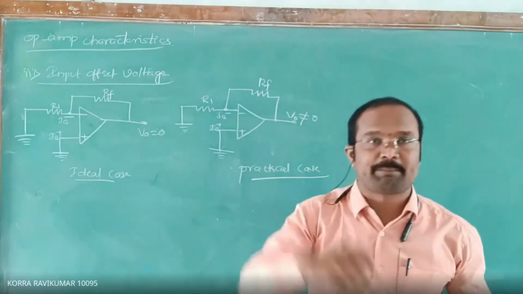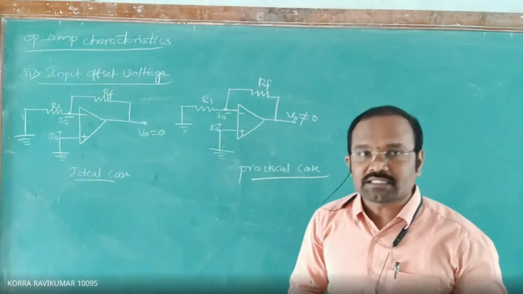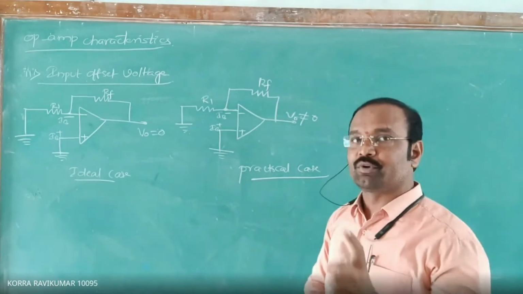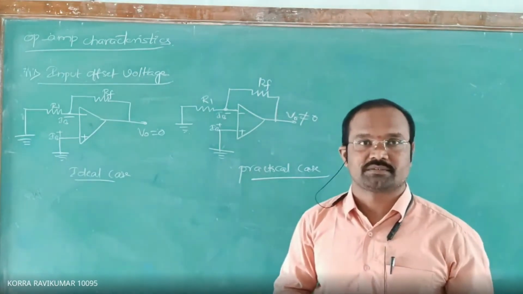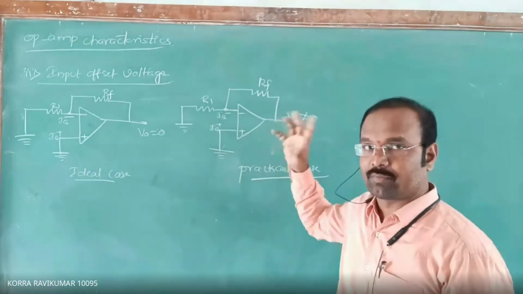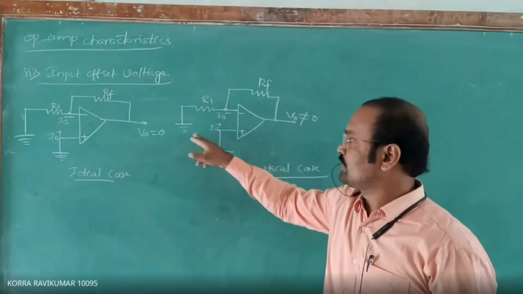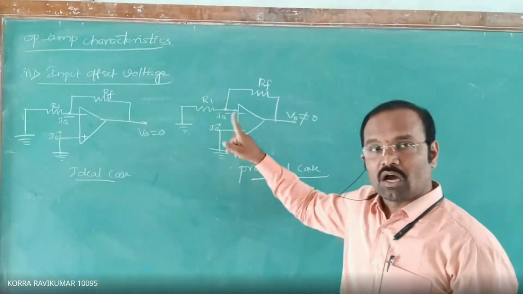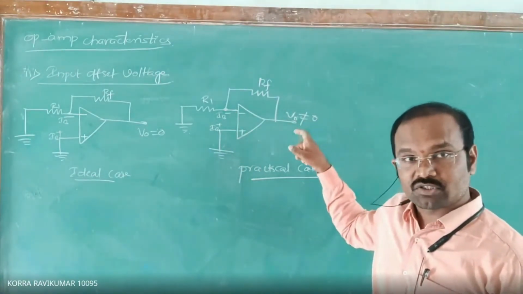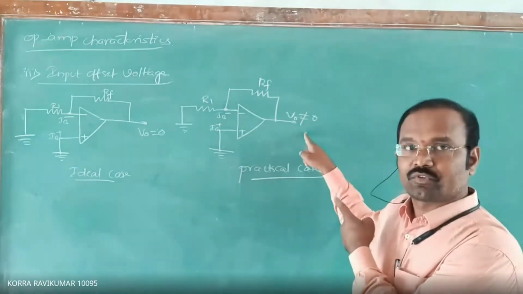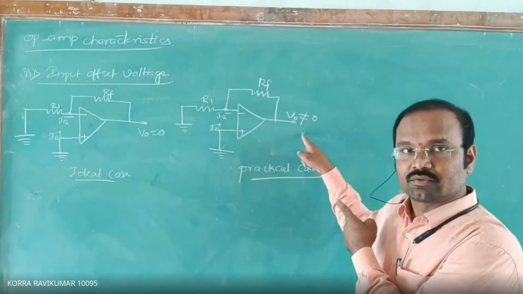Why? This happens just because of mismatch in the input terminal voltage. For the practical case, if both input terminals are grounded, output must be 0, but here the output is not equal to 0.